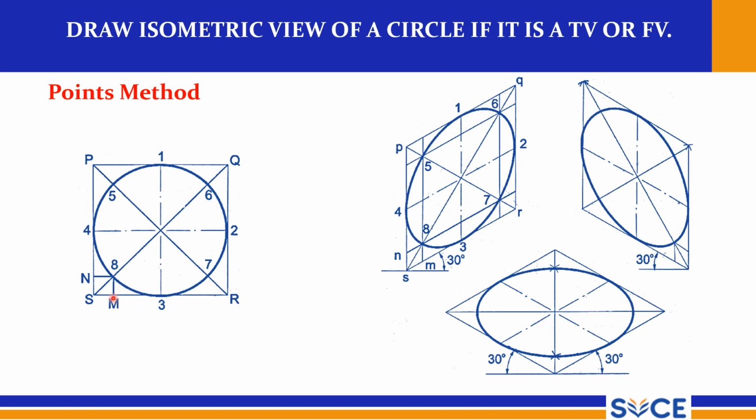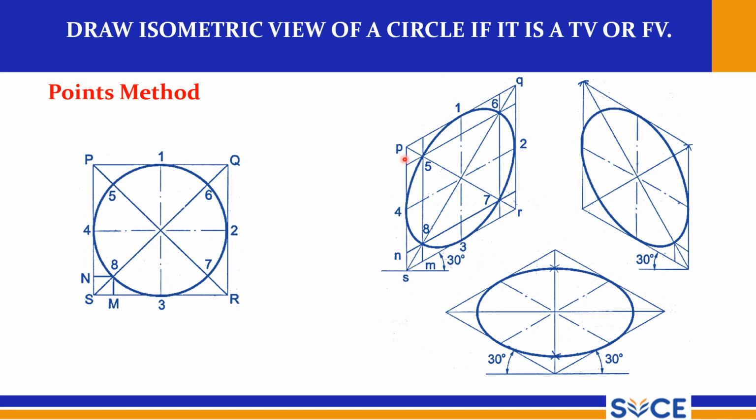And to mark 8 7 6 5, you have to do this small exercise. From S towards R, measure the SM distance, right, and mark here. Once you mark, you can mark from R, from Q, and from P, on both sides. Obviously the SM distance is equal to the SN distance, and the same distance can be used here also.